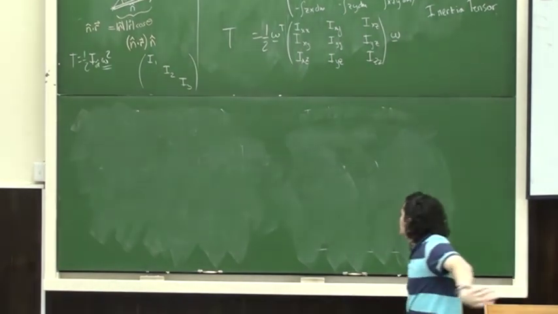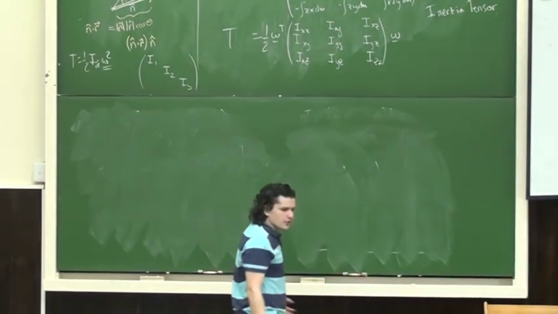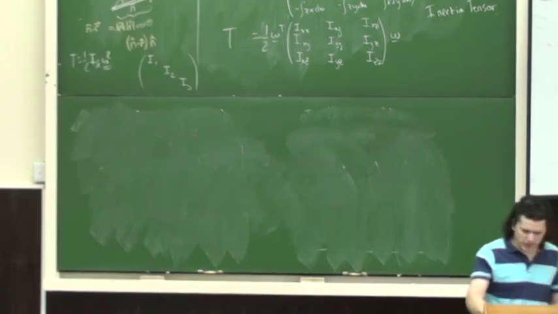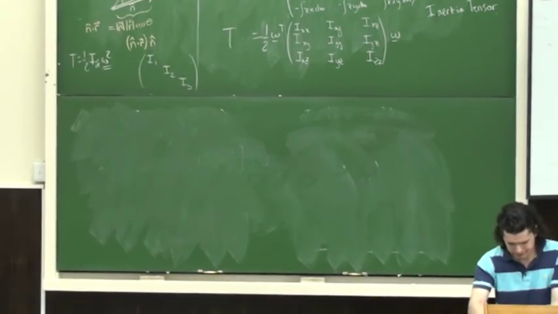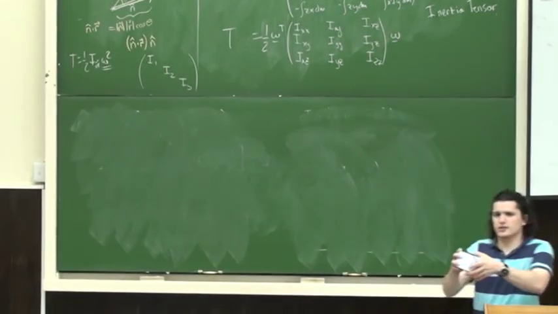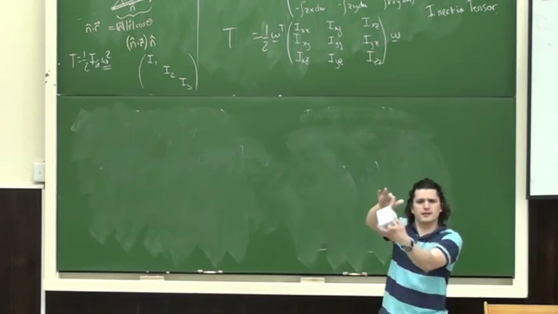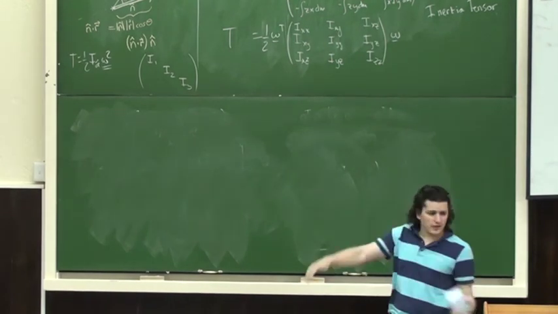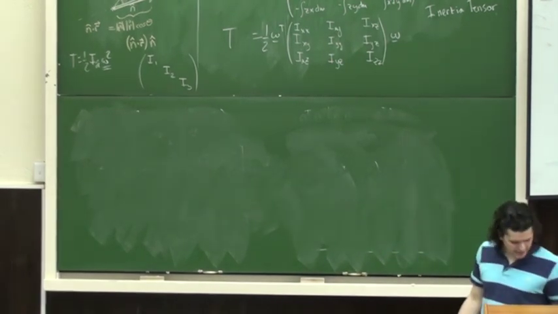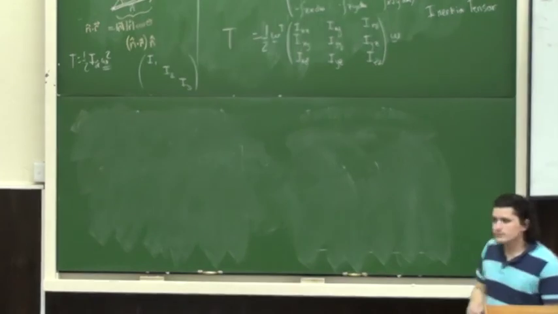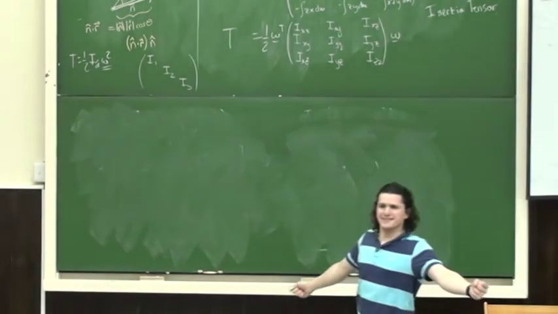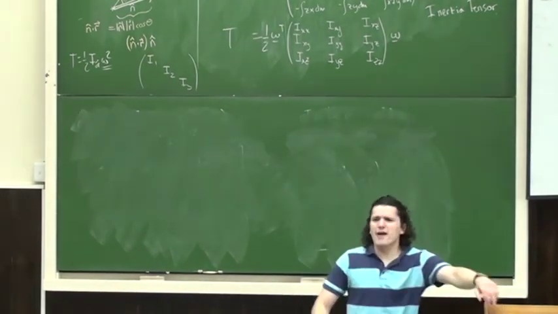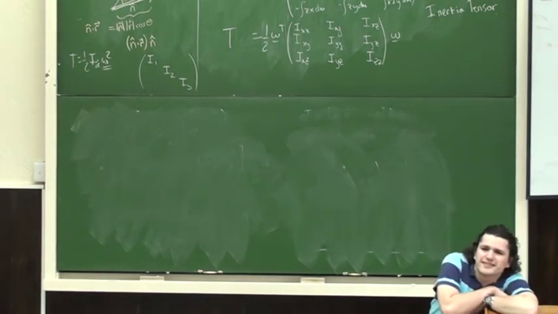You can think of it as taking a cube and moving it around this vertex. And we ask the question: what is the moment of inertia tensor when we do that?